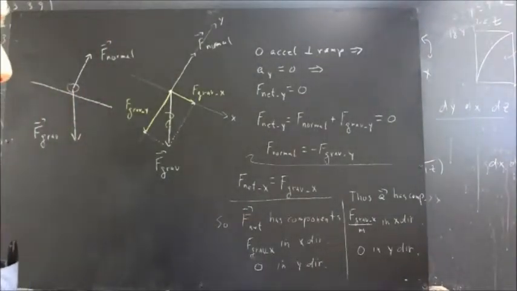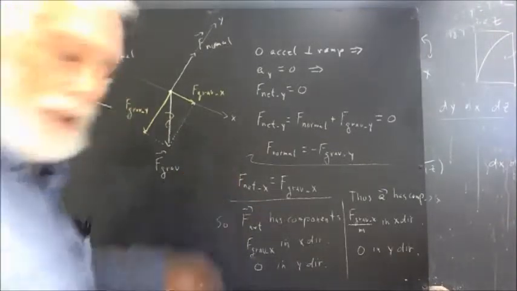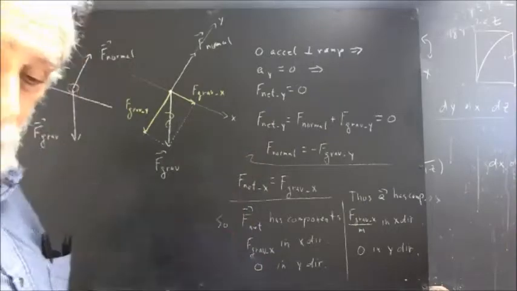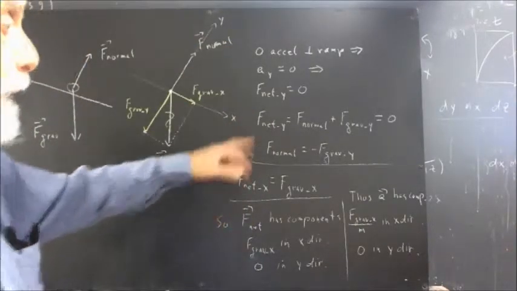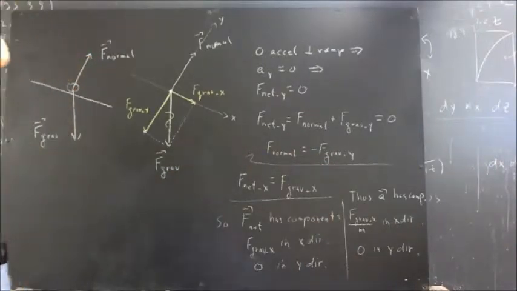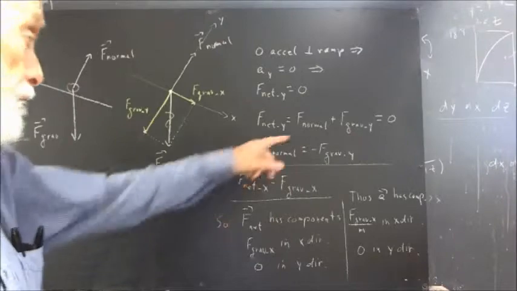And at this point, I was going to put arrows over these to represent the fact that they're vectors, but we're talking about just the y direction, so a plus or minus sign will suffice in this case.